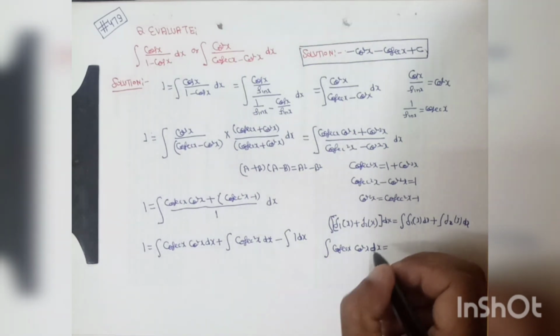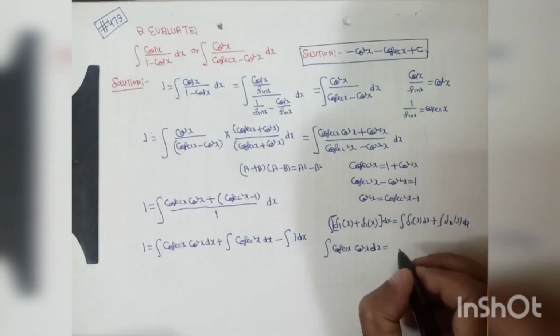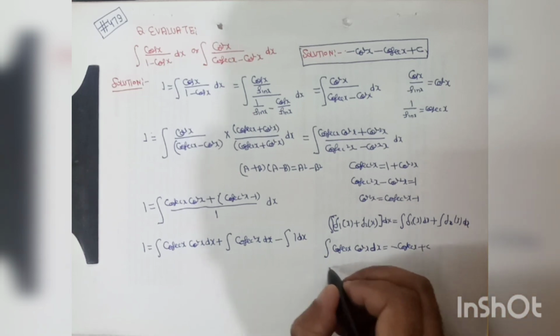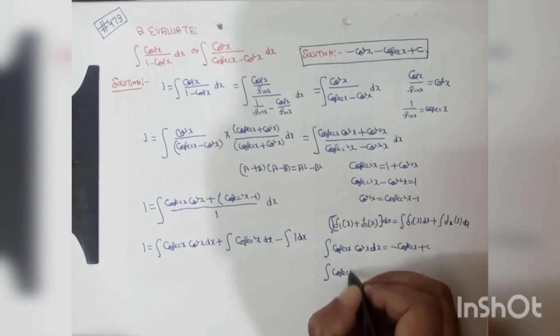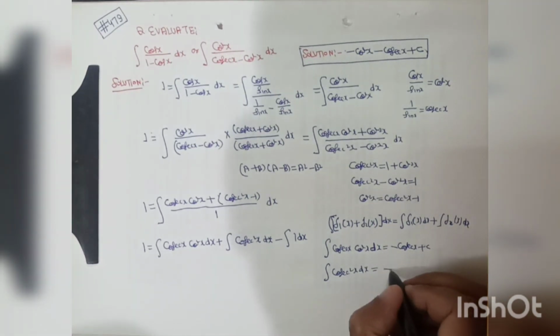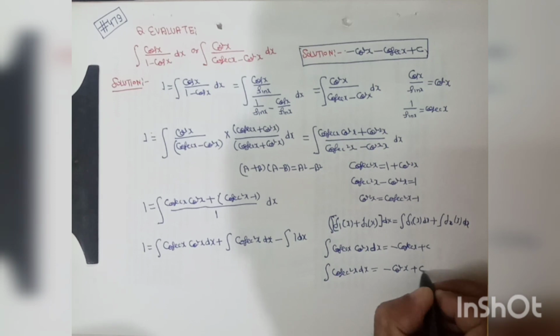Now we know integration of cosec x into cot x dx is equal to minus cosec x plus c, and integration of cosec square x dx is equal to minus cot x plus c. So we will apply these two formulas here.